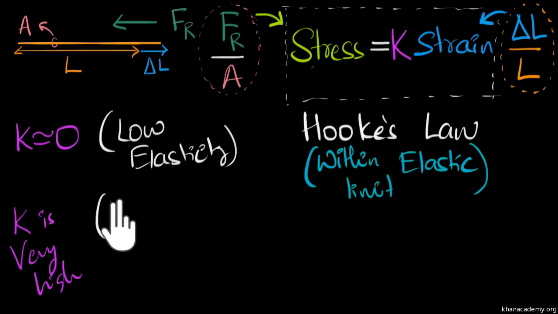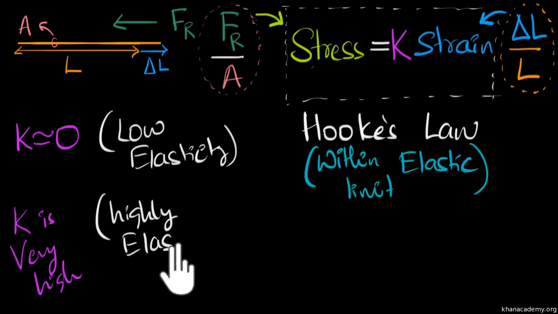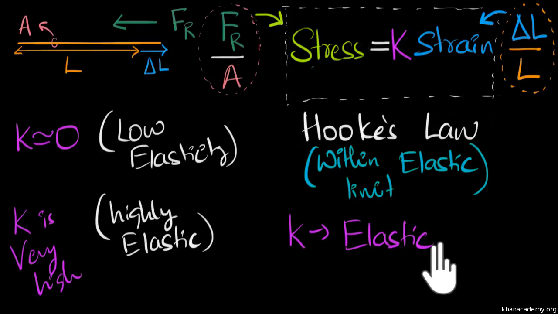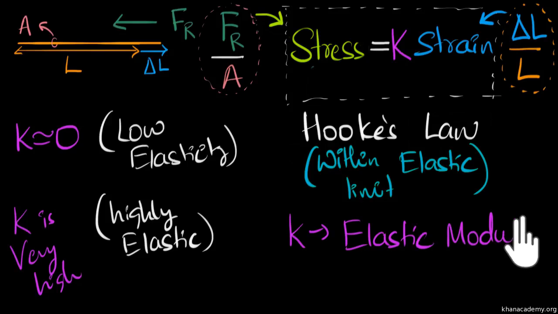So a high value of K means highly elastic. So can you see that K is actually telling us how elastic a material is? And it's for that reason K is called the modulus of elasticity, or we just call it the elastic modulus. It just tells us how elastic a material is. The higher the value of K, the more elastic the material.